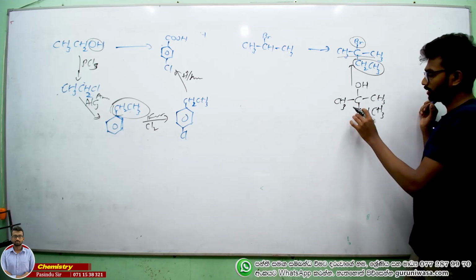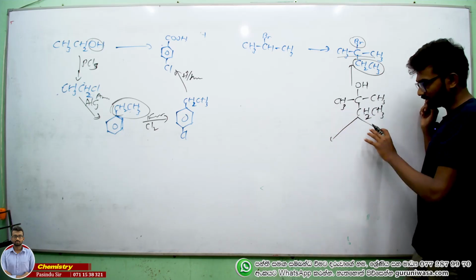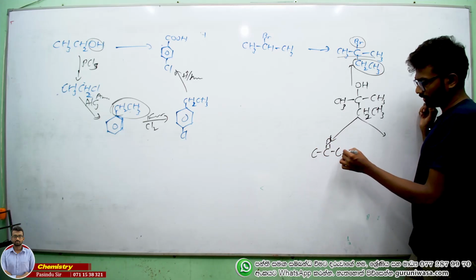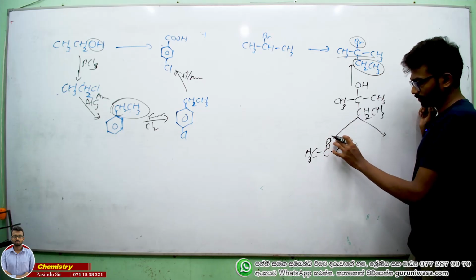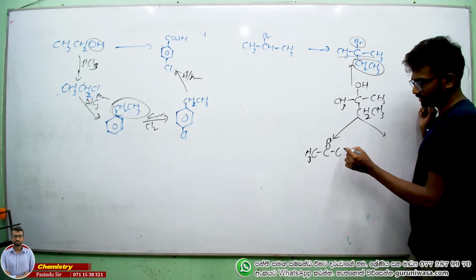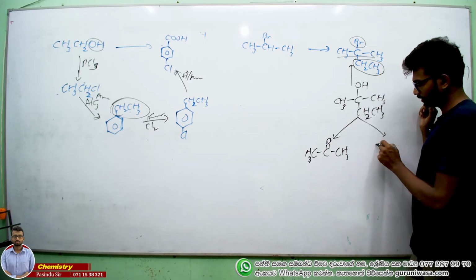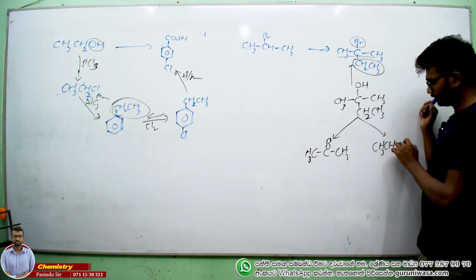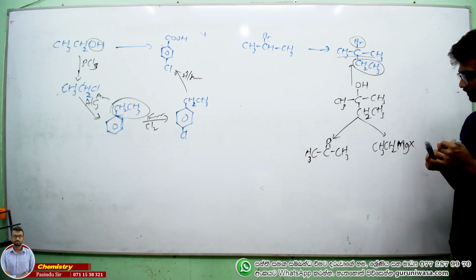So then to make this one, I will assume I need two things. I need this type of ketone group, and I need something like this, CH3 CH2 MgX.